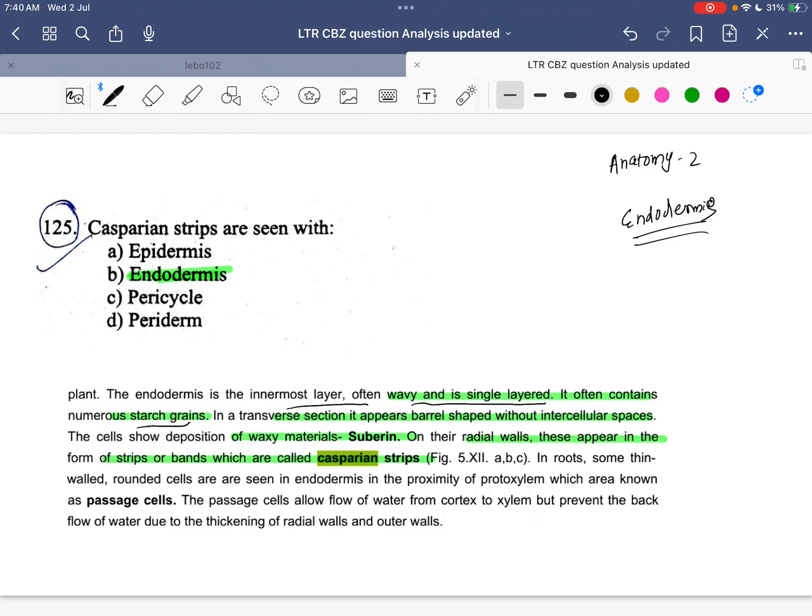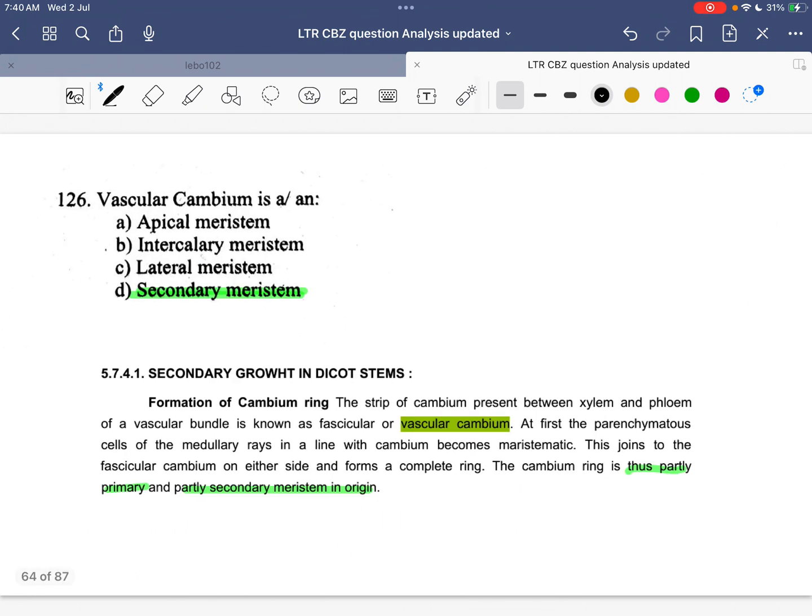It often contains numerous starch grains. In a transverse section, it appears barrel-shaped without intercellular spaces. The cells show a deposition of waxy material called suberin on their radial walls, in the form of strips or bands which are called Casparian strips. So answer will be the endodermis.